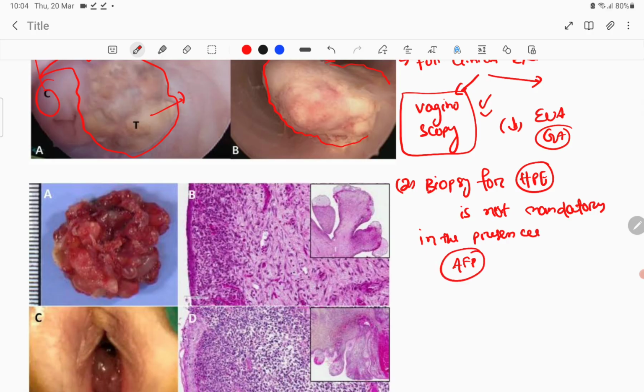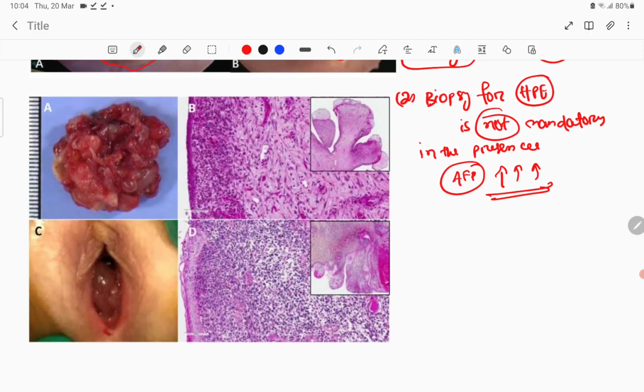If AFP is raised, because in the pediatric age group there will be a high alpha fetoprotein level, then biopsy is not mandatory in those cases.